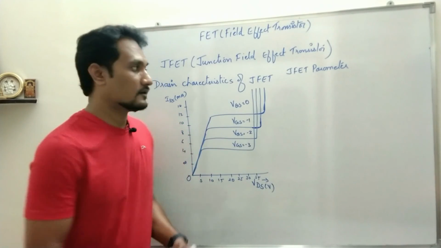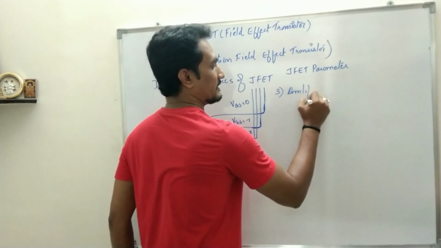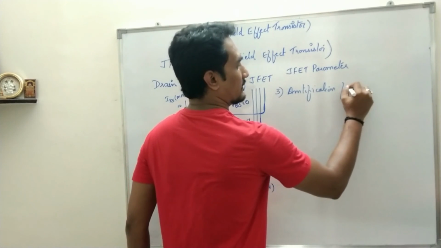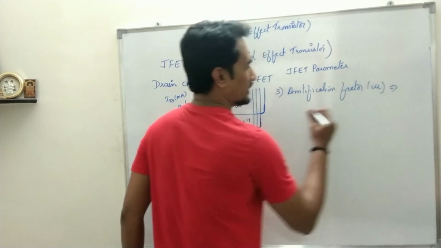Now the last of the JFET parameters, the third one, is the amplification factor, denoted by mu.